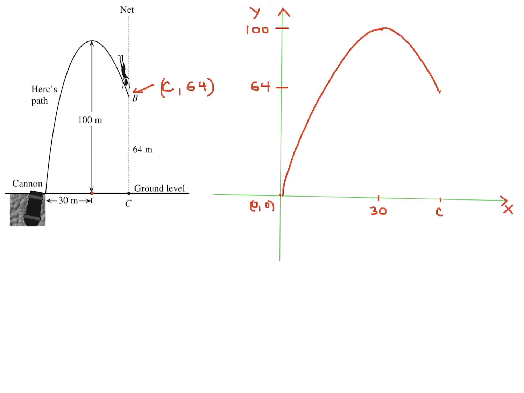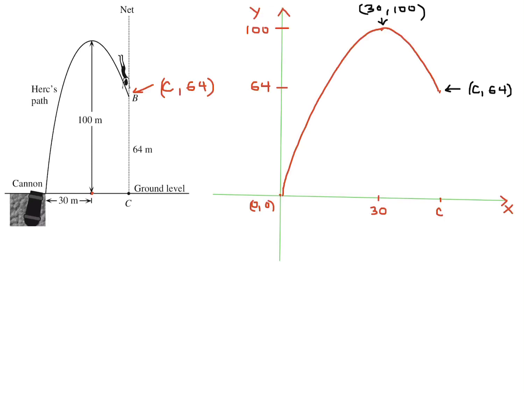Now the good news is, because it's on a graph now, we can label these points. This is C, 64. This point right here is 30, 100. And this point we already labeled as 0, 0. Okay? So that is basically the setup of the diagram.